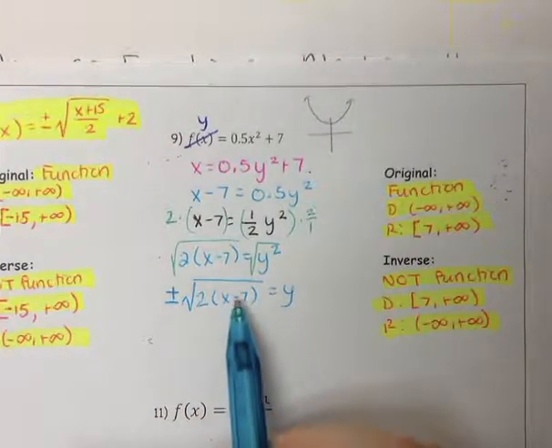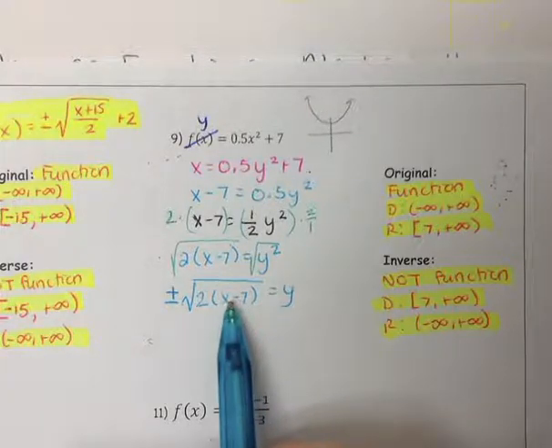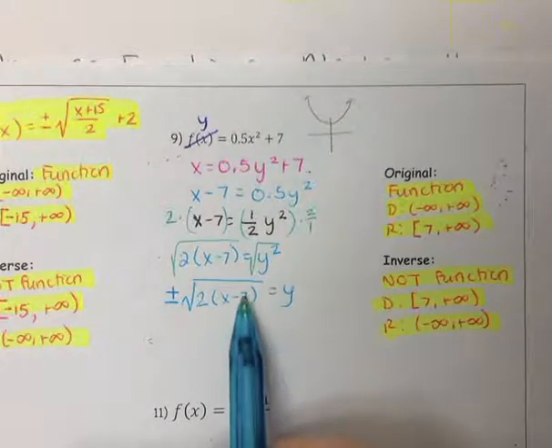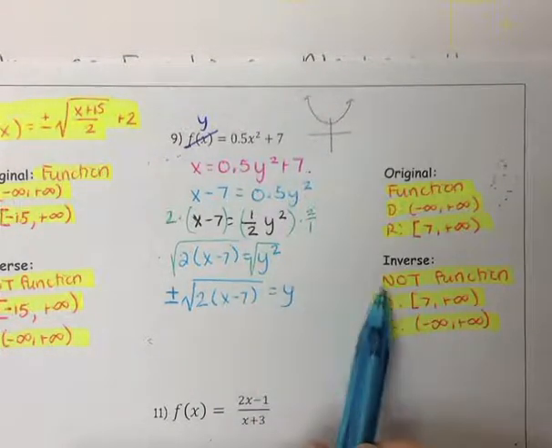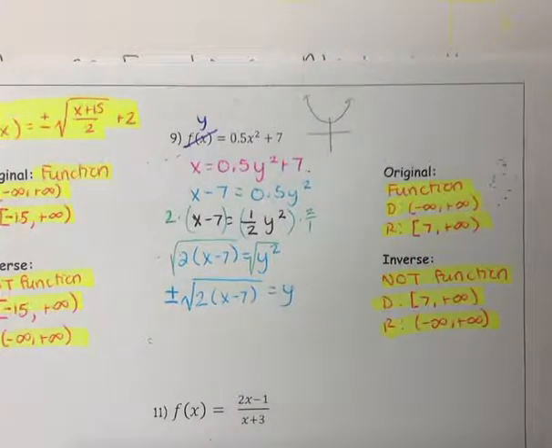So now if you look at this, we can still see that 7 in here. Our h value is attached to the x, so it's going to be x minus the h value of 7. And remember, the h goes to the domain, so the 7 is in fact the domain of this.